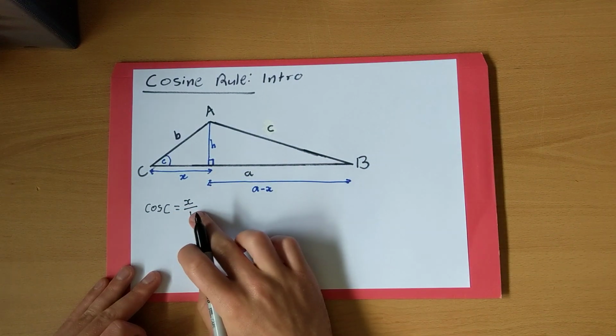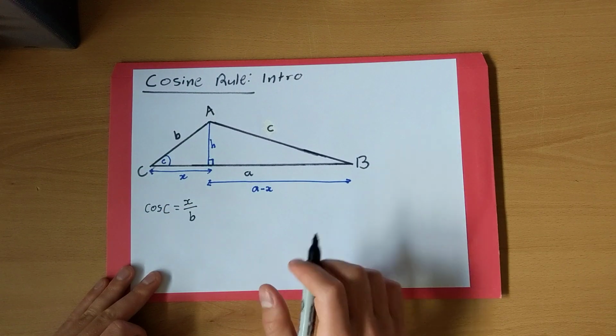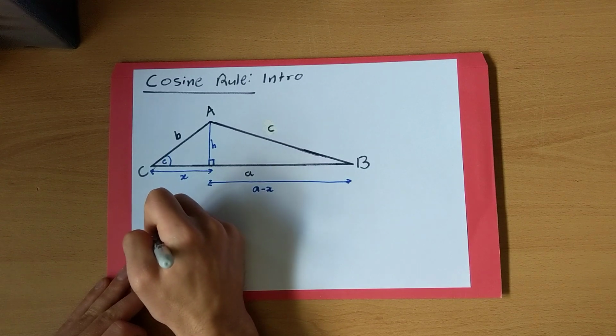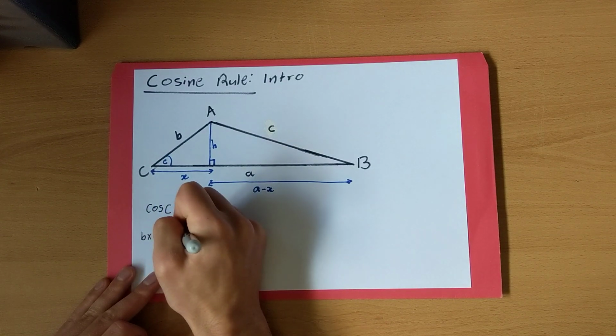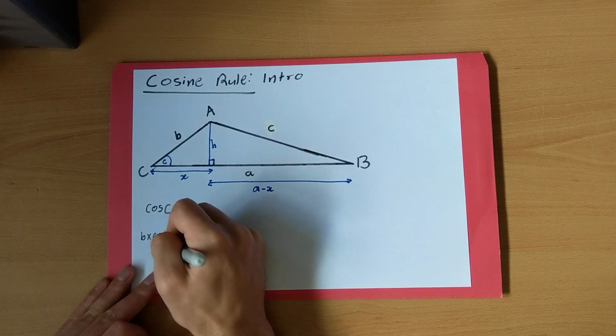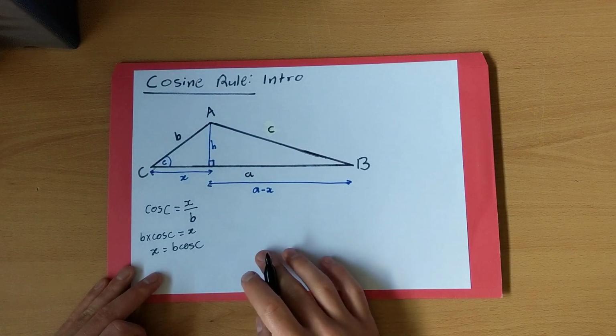I'm going to rearrange that to get it in terms of x. If I multiply both sides of that equation by b, then I get b times cos C equals x, or I'll just write that as x equals b cos C. So that's one thing that I can do looking at this triangle.